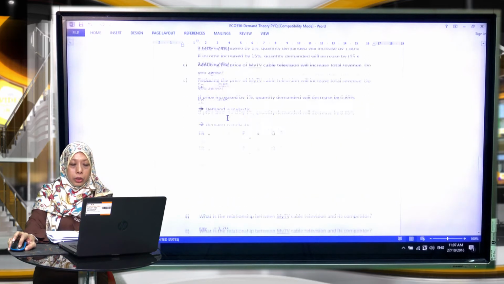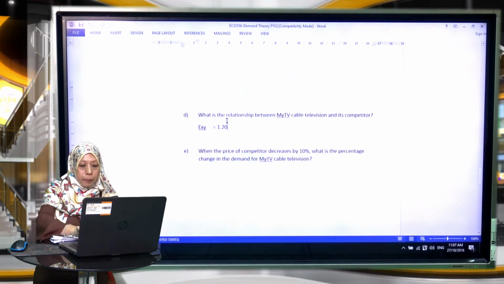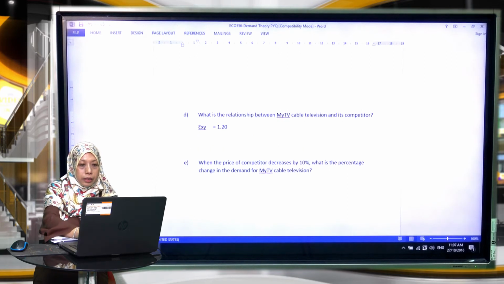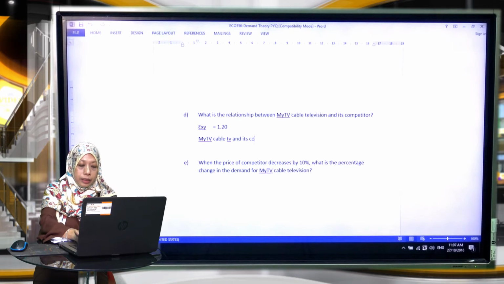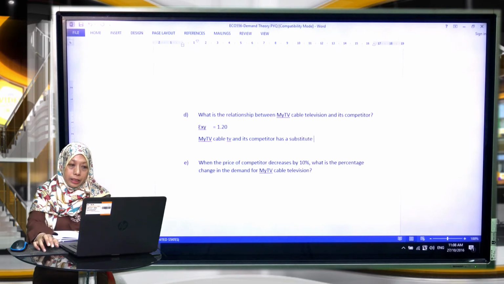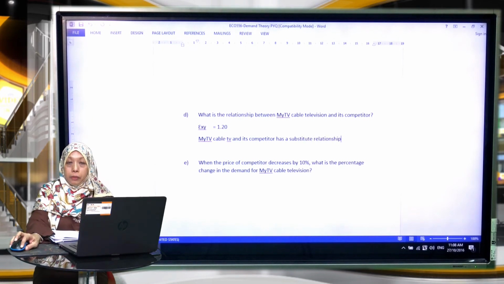So this shows that my TV cable television and its competitor have a substitute relationship. Why is that the case? Because the coefficient is positive.